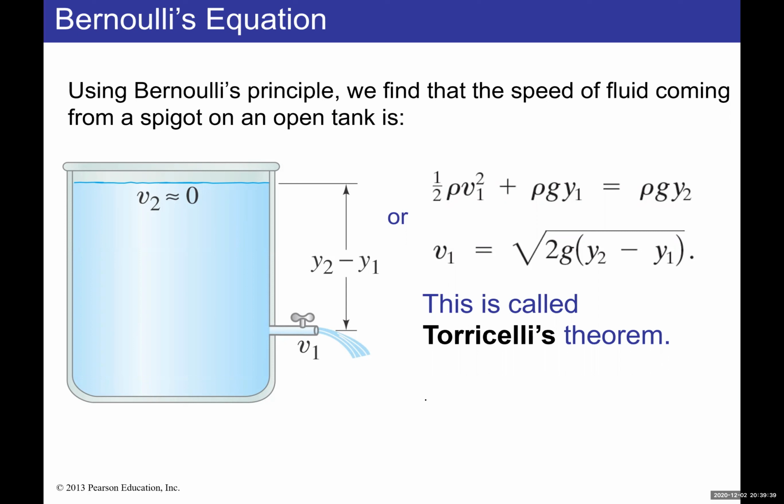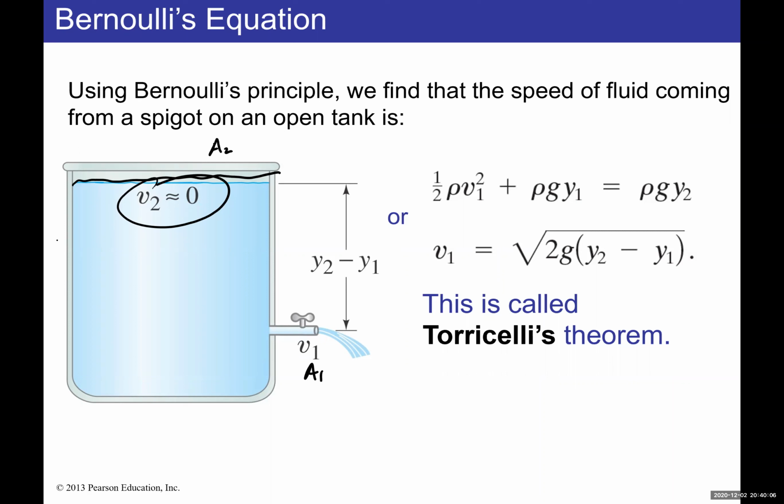Now, because this is A2 and this is A1, and you can see there's a really big difference between them, you can say the water here is not really flowing. So you can take this to be V2 equals 0. Whenever you're considering, for example, an ocean surface or a lake surface or something like that, you can take that to be zero velocity.